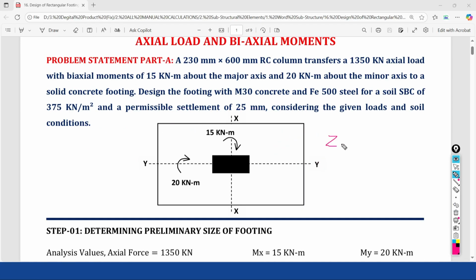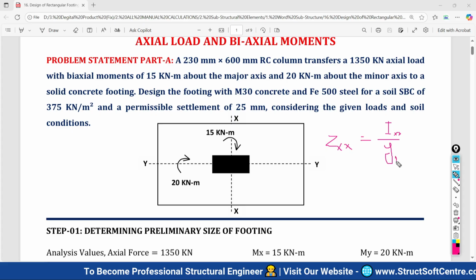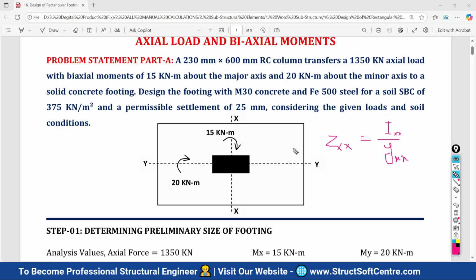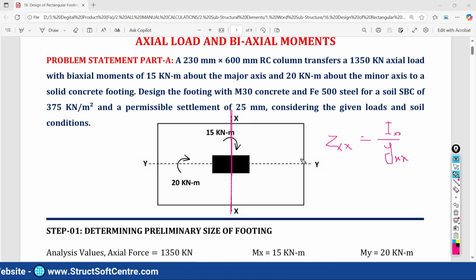Sectional modulus about a particular axis, let's say the major axis, will be equal to the moment of inertia about the centroid about that particular axis. So moment of inertia about xx means the moment of inertia about the major axis. It is passing through the width of the footing.